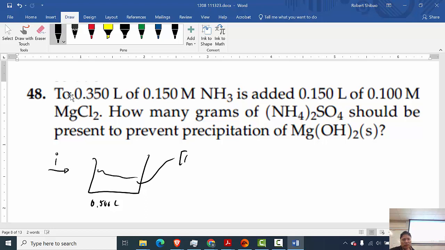And then we're going to figure out the new concentration. So the new concentration of ammonia is going to equal a 350 to 500 dilution of 0.150 molar ammonia. And so 350 to 500 dilution of 0.15 gives us 0.105 molar ammonia.